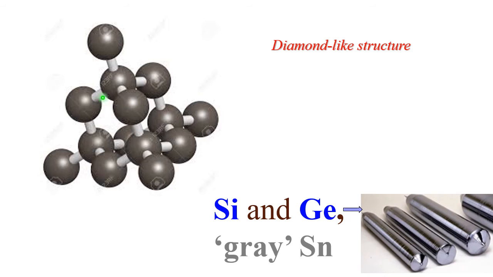It's cubic, with each tetrahedral atom surrounded by the same tetrahedral atoms. The same structure is found in cold gray tin. Germanium forms crystals, purified again by the Czochralski process, that look very similar to silicon.